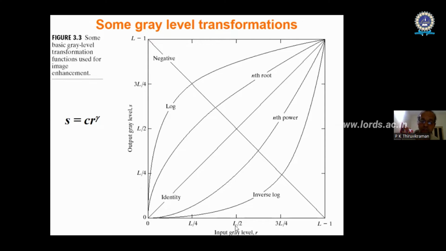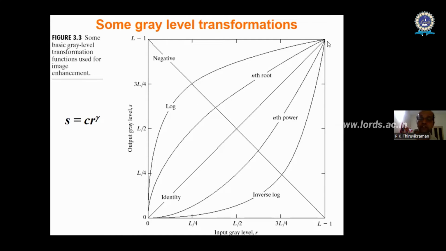Now I want to map each input gray level to some output gray level. Some kind of mapping, that is what this is doing. But here, I can do different things by choosing this exponent gamma. For example, if gamma is equal to 1, that is simply a straight line. I'm not doing anything. And remember, this constant C is chosen such that 0 is mapped to 0. That is obvious from here: if I put R equal to 0, S is 0.